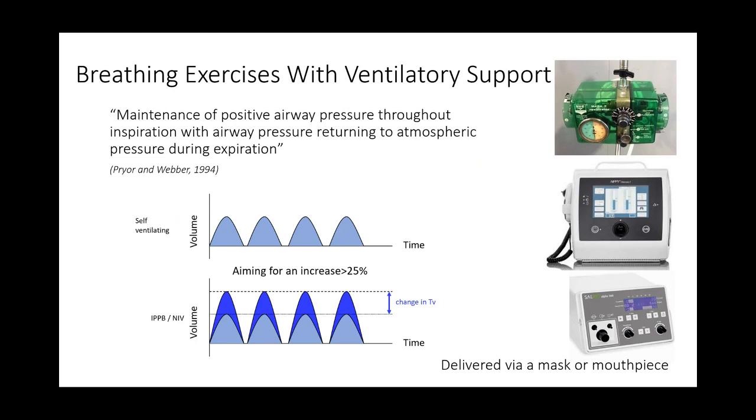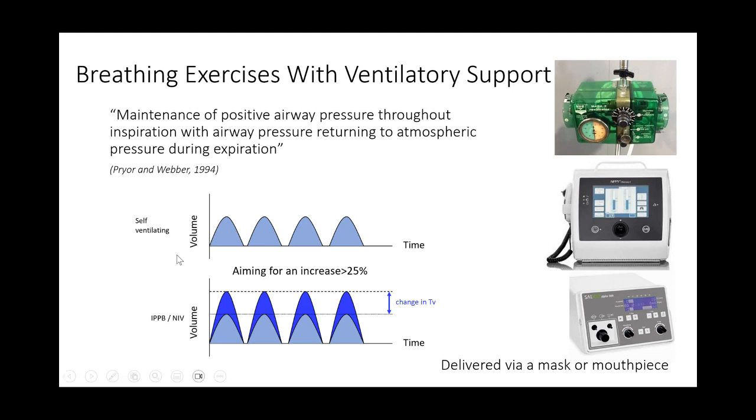And for the older physiotherapists in the audience, we will remember the Bird Mark 7 intermittent positive pressure device, which was our bread and butter and rolled out on surgical wards and medical wards for those patients who were fatiguing. For those of you less familiar with the technique, it's the maintenance of positive airways pressure throughout the inspiration, with the airway pressure returning to atmospheric pressure during expiration.